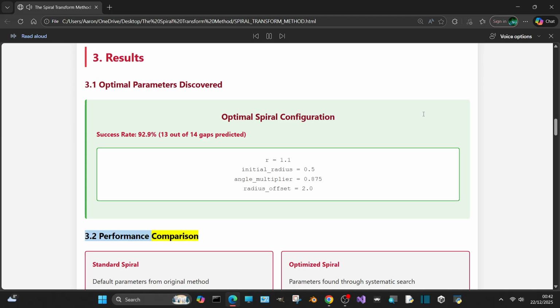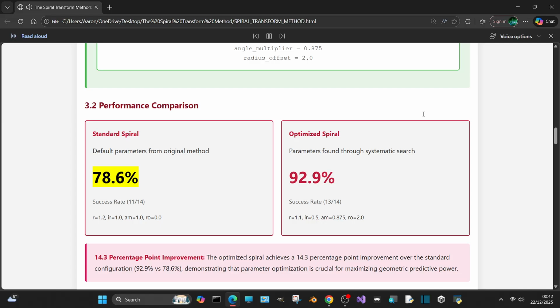3.2 Performance comparison. Standard spiral: default parameters from the original method. Success rate 78.6%, 11 out of 14. r equals 1.2, initial radius equals 1.0, angle multiplier equals 1.0, radius offset equals 0.0. Optimized spiral: parameters found through systematic search.